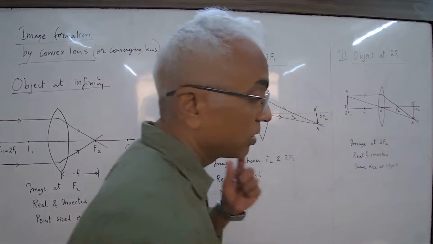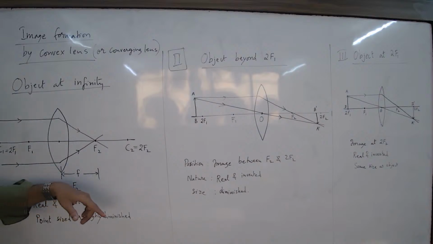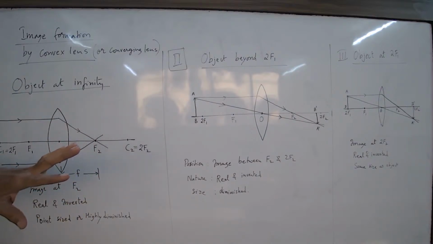So exactly the same nature and size as it was in the case of a concave mirror, right? So what are the changes? Where was the image forming in the case of a mirror? In the front side. Where is it forming now? Behind. So the real image in this case is behind the lens, whereas in a mirror the real image was in front.